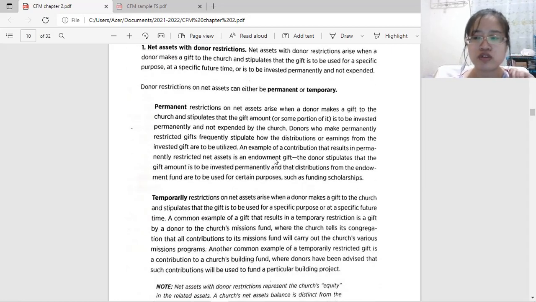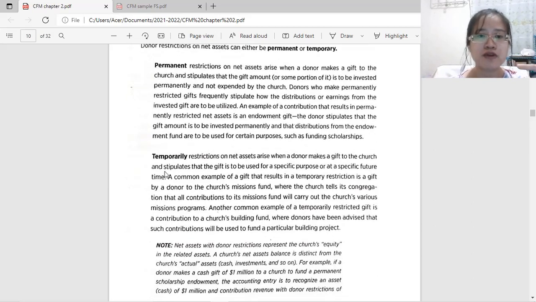For permanent restrictions, the donation cannot be used by the church, but they can put it in investments, and the earnings from that investment can be used for whatever purpose. So essentially the main fund is restricted, but the earnings from that can be used for whatever purpose. Permanent, that's the only example I could give because it satisfies the definition of permanent.